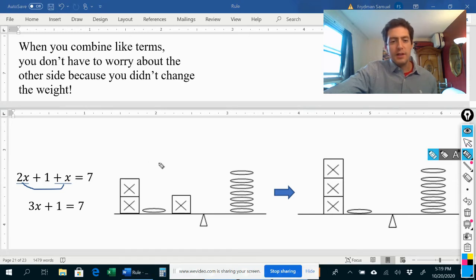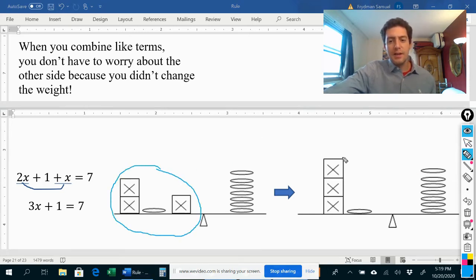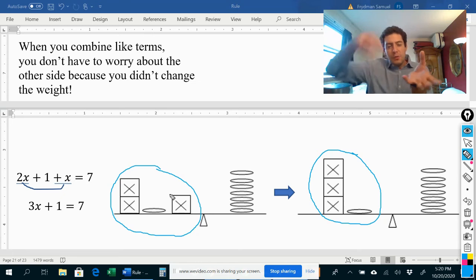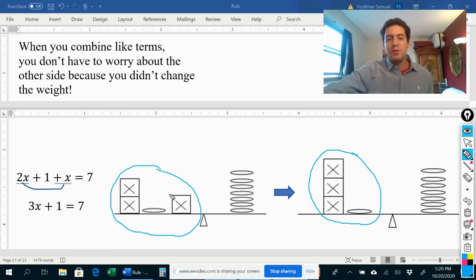So the weight of this side is exactly the same as the weight of this side. All I did was rearrange it, but I did not change the weight. And that's why if this stuff balanced out exactly 7 stones, then this stuff should also balance out exactly 7 stones because it's the same stuff. We just put the 1 x box on top of the other 2 x's.